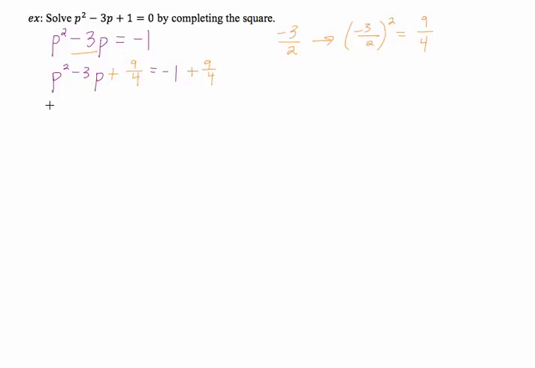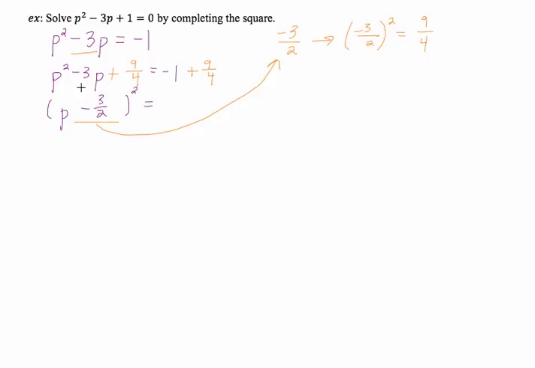And now the left side should be a perfect square where the number that goes right next to the p is, as always, that right there, which you get when you divide the coefficient of p by 2. So it should be -3/2 all squared.